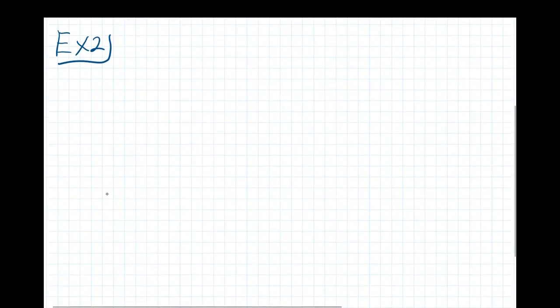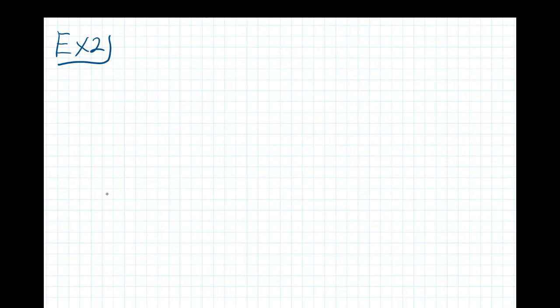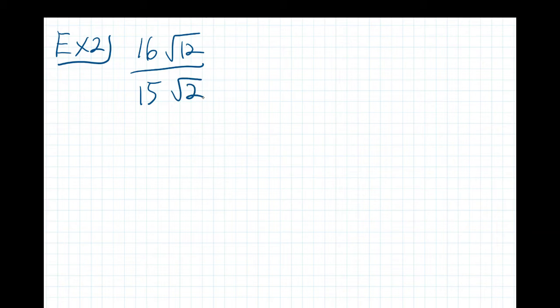So example 2 here. We have 16 times the square root of 12 all over 15 times the square root of 2. Excuse me, that is just supposed to be 6 times the square root of 12 all over 15 times the square root of 2.